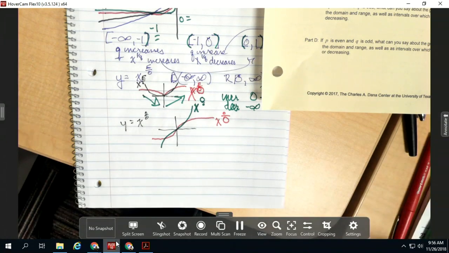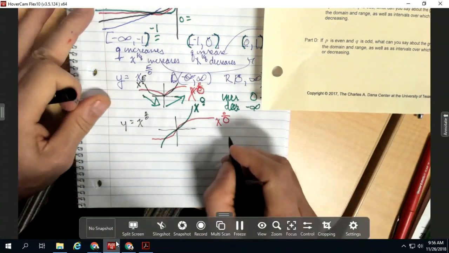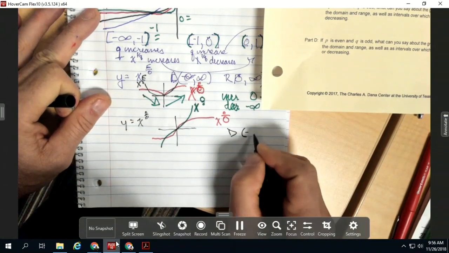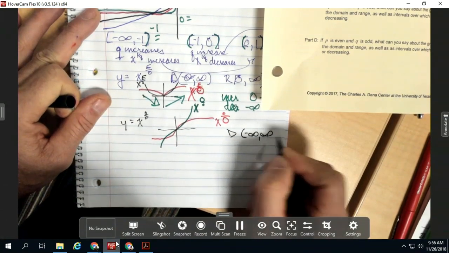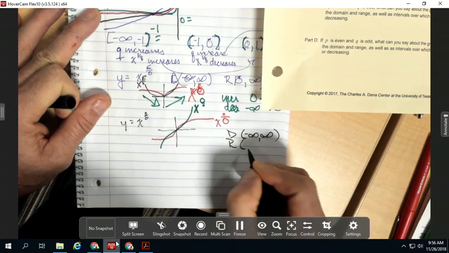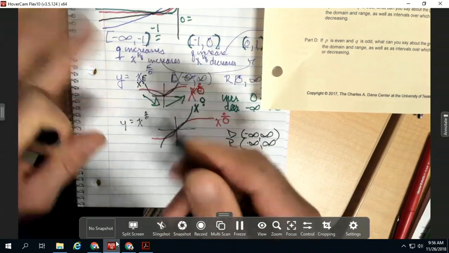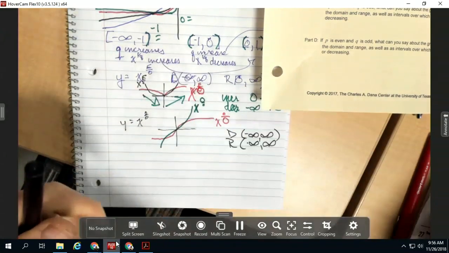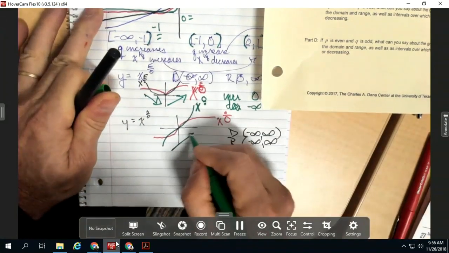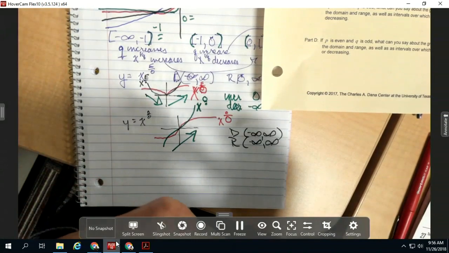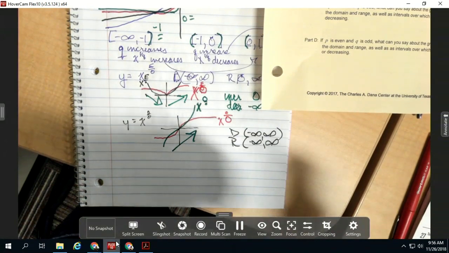Domain is from negative infinity to positive infinity. Range is from negative infinity to positive infinity. And it's always increasing, right? Everybody agree?